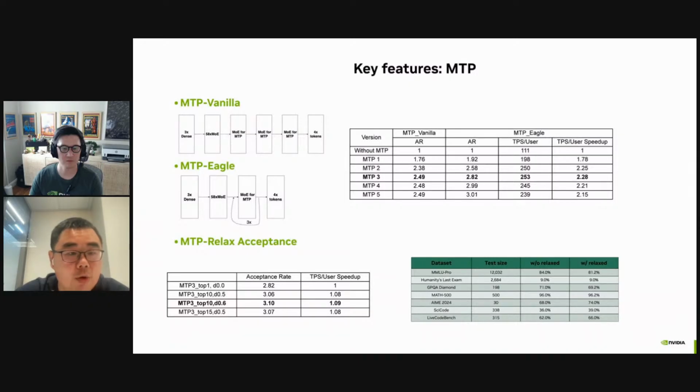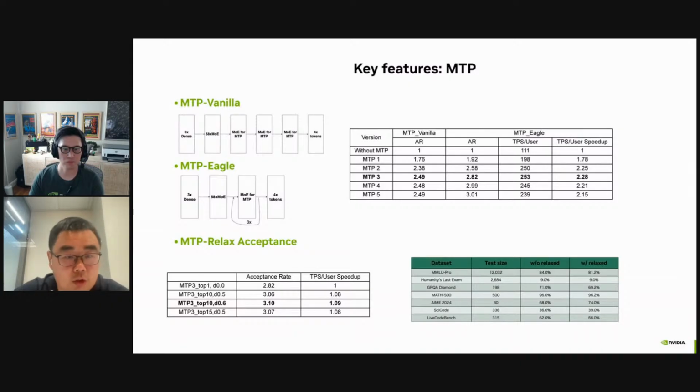Based on our exploration, if we generate 10 candidates and set the criteria delta as 0.6, we can improve the acceptance from 2.8 to 3.1 again, which means we have another 0.9 speedup.